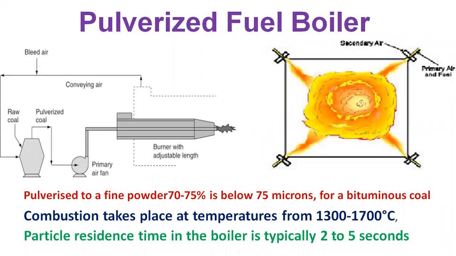This system has many advantages, such as ability to fire varying quality of coal, quick response to changes in load, use of high preheat air temperature, etc. One of the most popular systems for firing pulverized coal is the tangential firing, using 4 corner burners to create a fireball at the center of the furnace, exactly what is shown here.